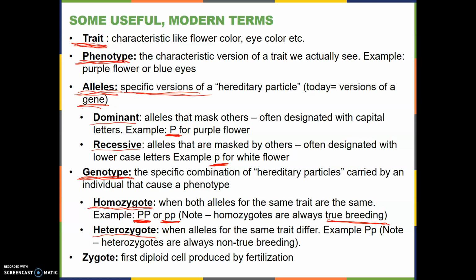That means that they carry a dominant and a recessive allele, and we would represent that by capital P, lowercase p. One of the parents gave them a big P and one gave them a little p, and we know the phenotype would be purple, but they are actually hybrids for the trait of flower color. And then the zygote is the very first diploid cell that is produced when the egg is fertilized by the sperm.